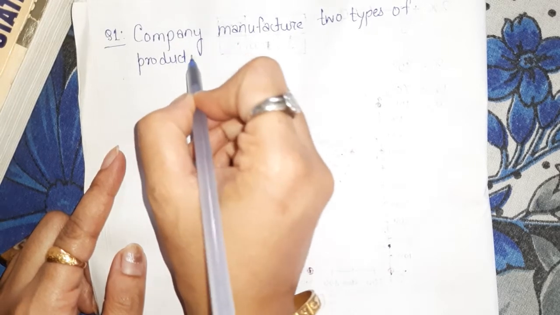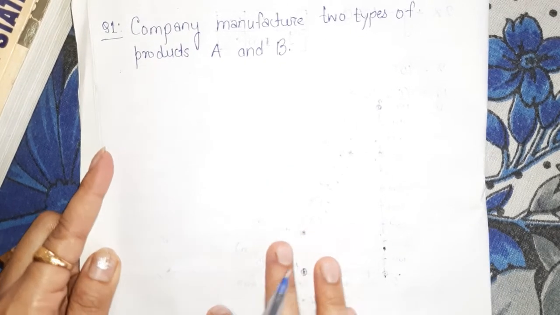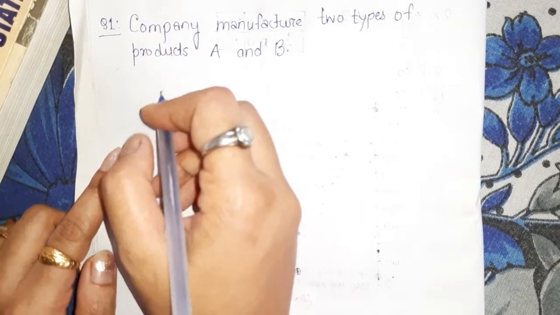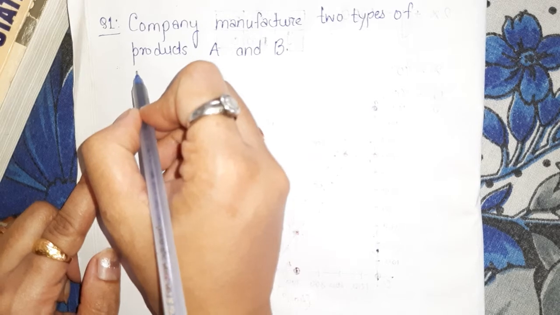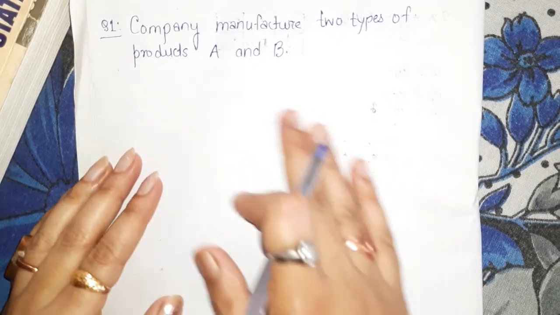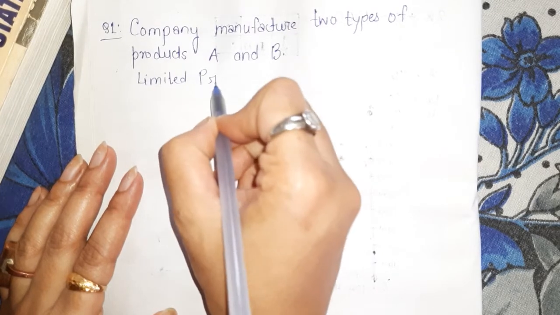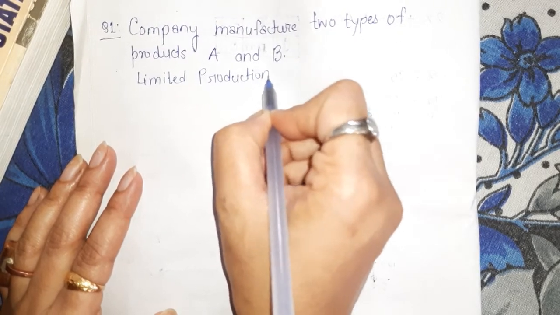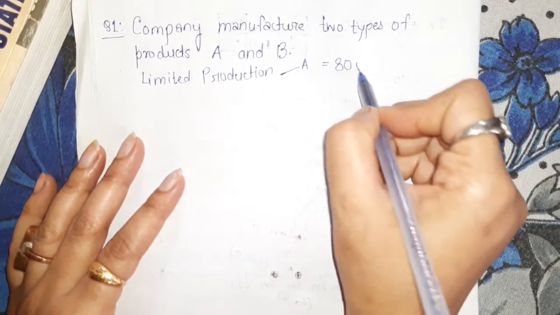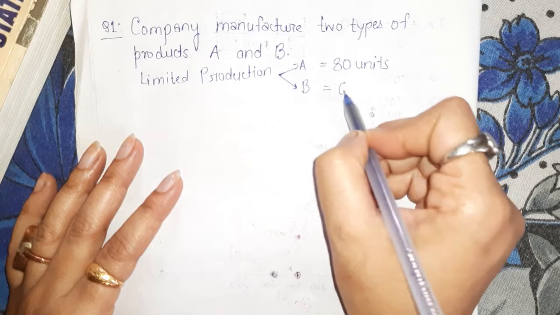And the products are A and B, right? Means they manufacture two products A and B. And the production is limited, means you can produce a limited amount of product A and B. So the limited production of A is 80 units and for B it is 60 units.